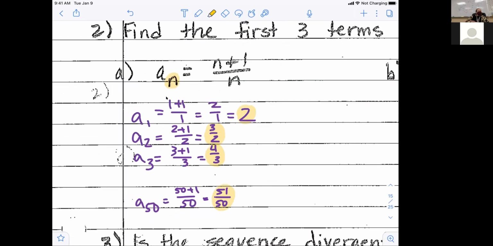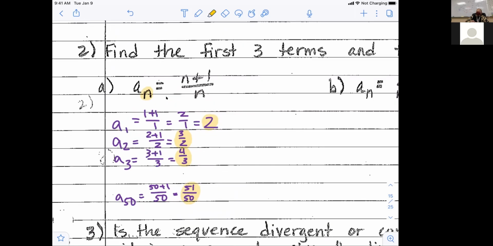Everyone doing okay with finding those terms? The next concept we're going to talk about is whether my sequence goes on and gets bigger and bigger and goes towards infinity, or whether it approaches just one number, whether it has a limit, like an asymptote. The words we're going to use are divergent and convergent.